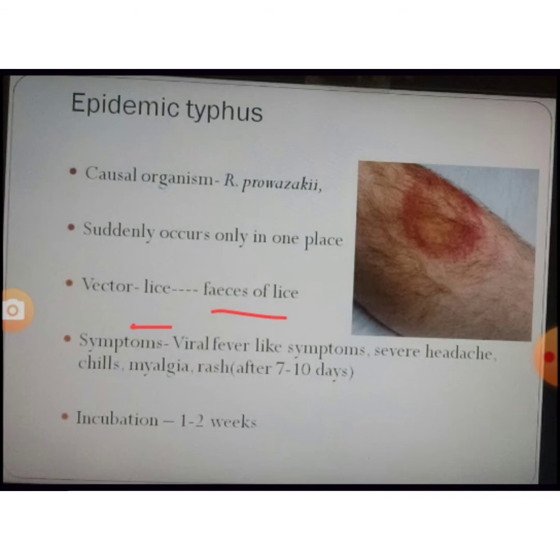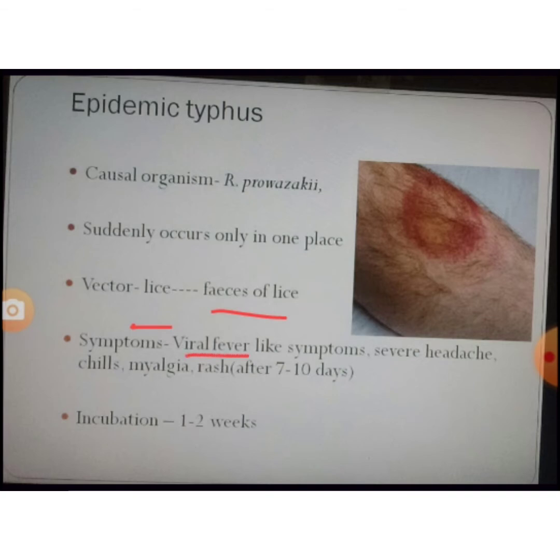When the person scratches, the scalp gets damaged, and the epithelial cells of the scalp get damaged. The organism from the damaged tissues of the scalp would enter into the person's body, reach the bloodstream, and then cause the symptoms.